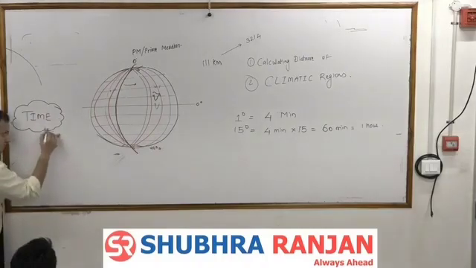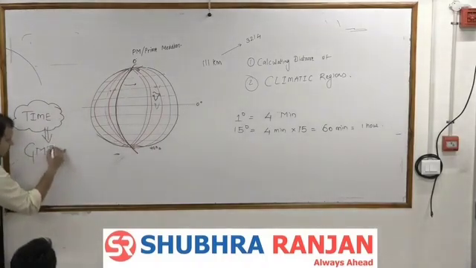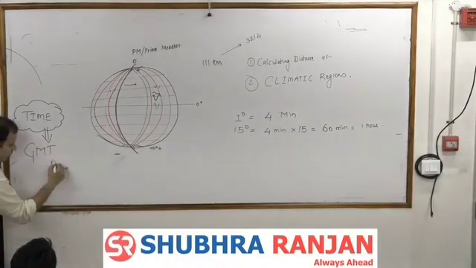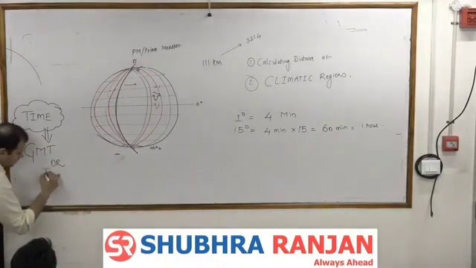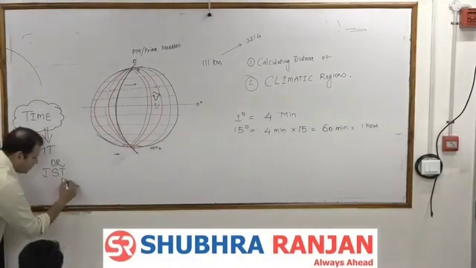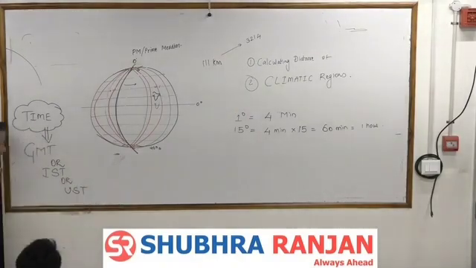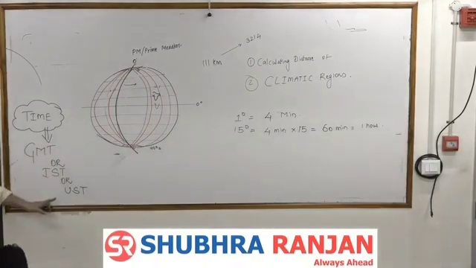With reference to the prime meridian, we call this Greenwich Mean Time, or International Standard Time, or Universal Standard Time.